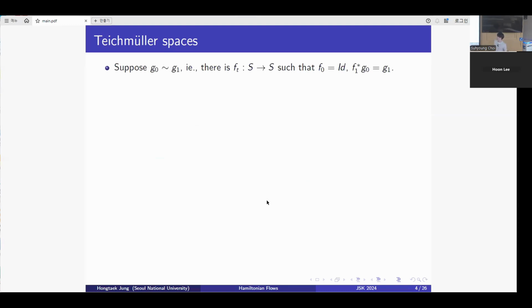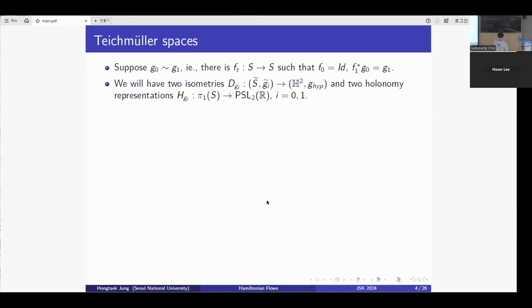What does that mean? We have a one-parameter family of diffeomorphisms. At time 0 it is the identity, and at time 1 it is an isometry between these two. So then we have two isometries between the two universal covers that identify them with a standard model. And you also have two holonomy representations.